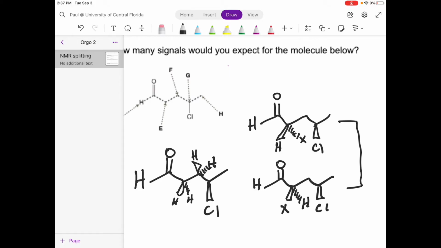If I call this one A and this one B, if I take B as is, can I pick it up and just drop it on top of A and everything superimposes? And the answer is most of the atoms will superimpose except for the X's. In A, you see an X with a dash, and in B, you have an X with a wedge. So that won't superimpose.